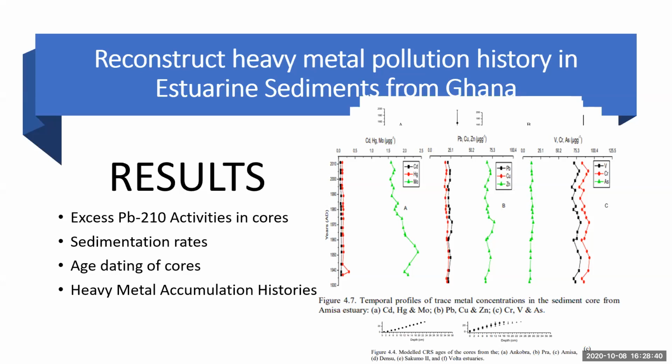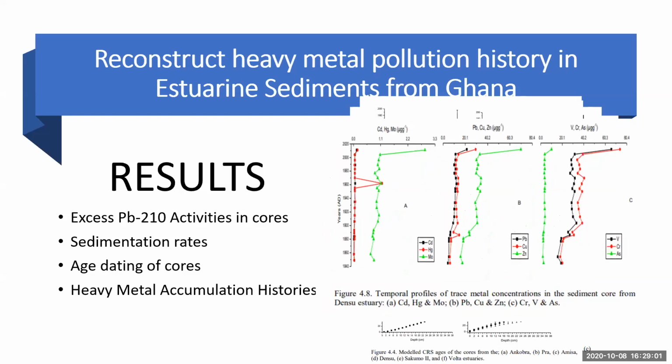In the Ankobra estuary, arsenic values were ranging from about 95 micrograms per gram to about 105 micrograms per gram, which was far more than what is expected to be in the sediment.